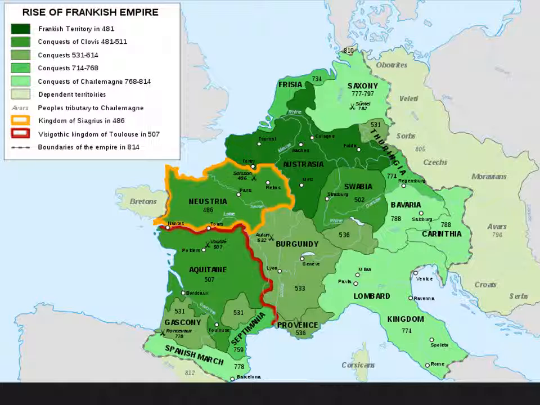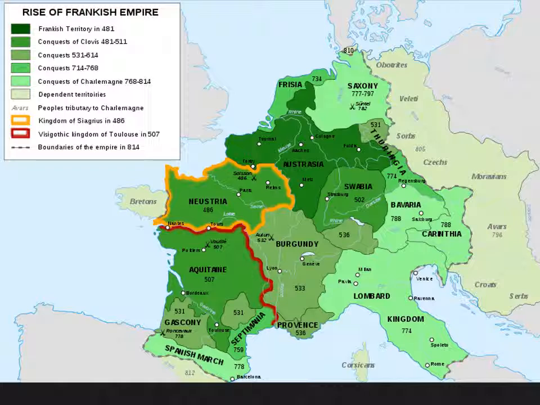So he's able to unify Frankish people as early as 768. He's then able to basically quell resistance in the rest of the region to become recognized as emperor of the Romans, the new Roman emperor, in the year 800.